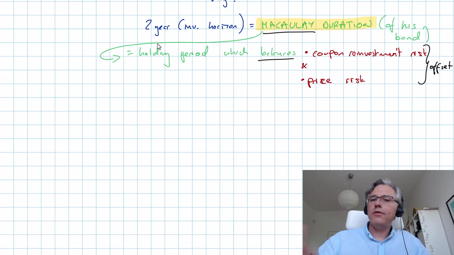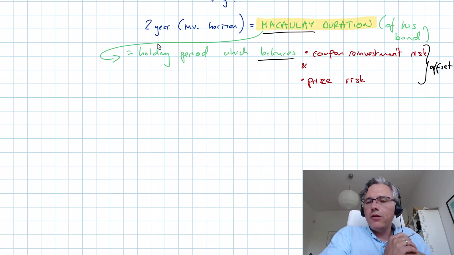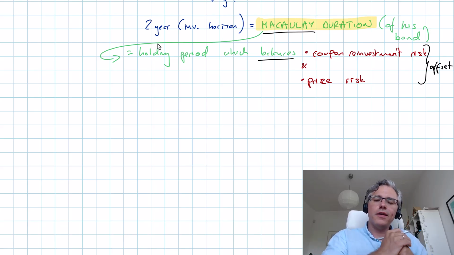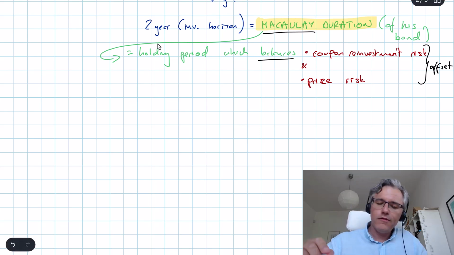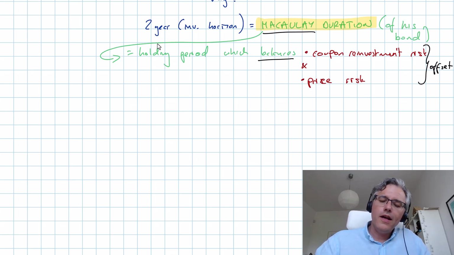Why is it called Macaulay duration? This is named after an economist, Canadian, Frederick Macaulay, who came up with this measure. And let's just say it may be important for a theoretical question.